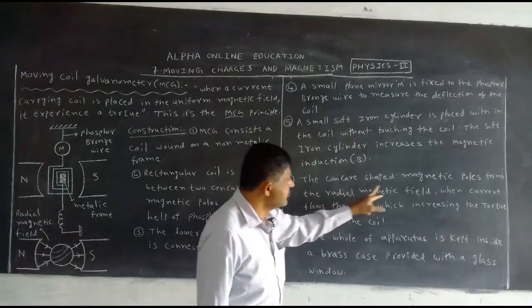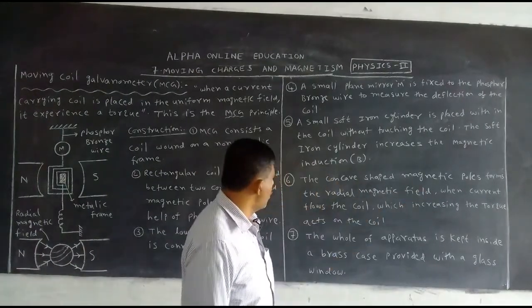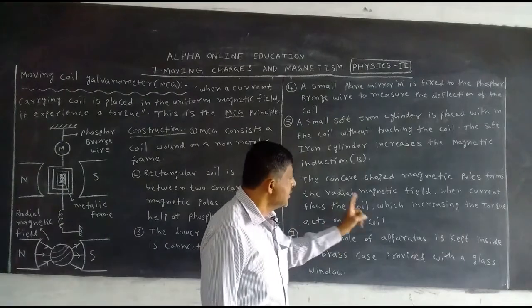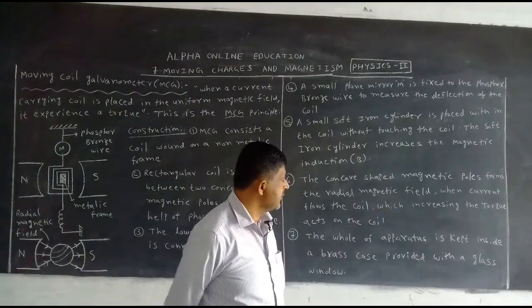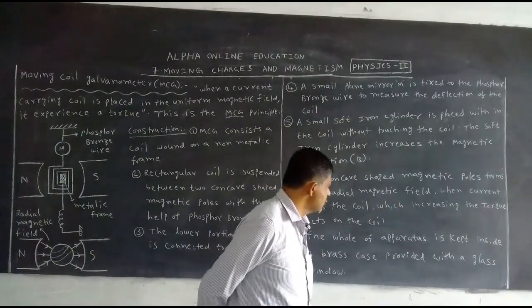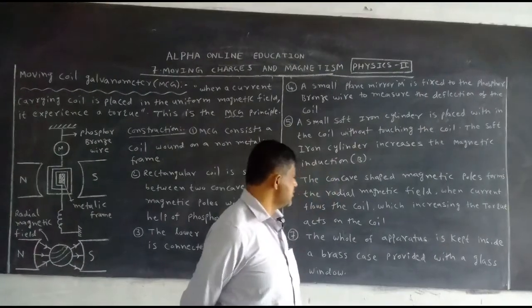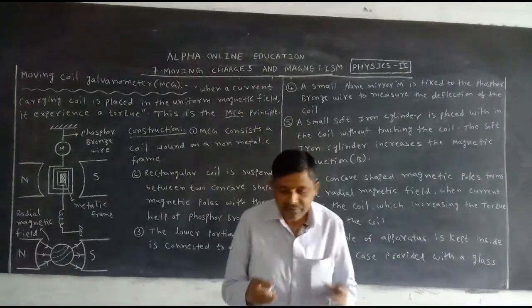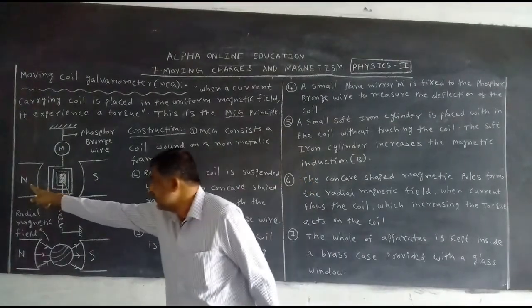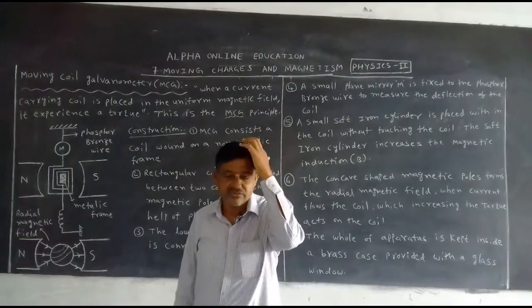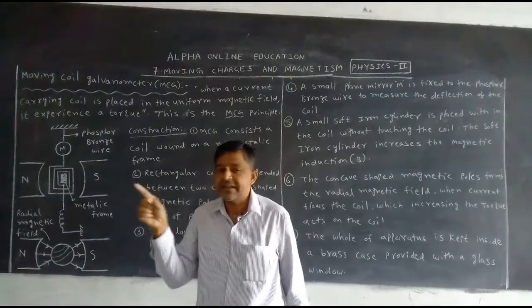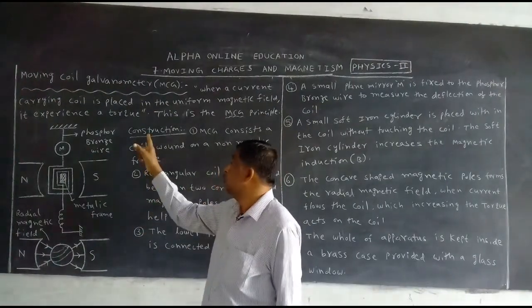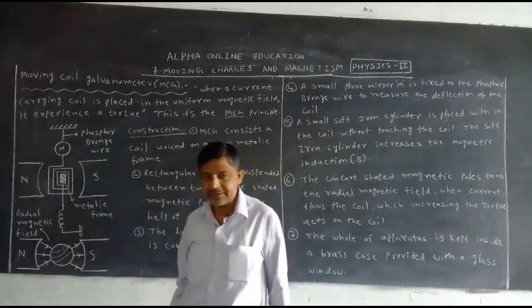The concave shaped magnetic poles form the radial magnetic field when current flows through the coil, which increases the torque acting on the coil. Okay, between the N and S poles, a uniform magnetic field is present.